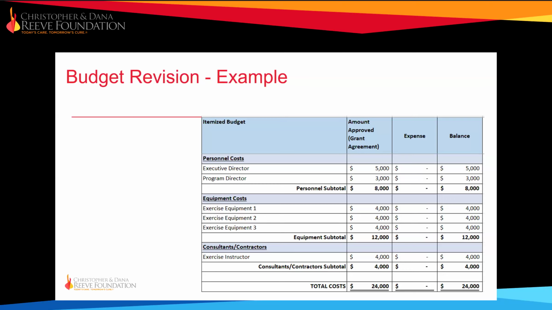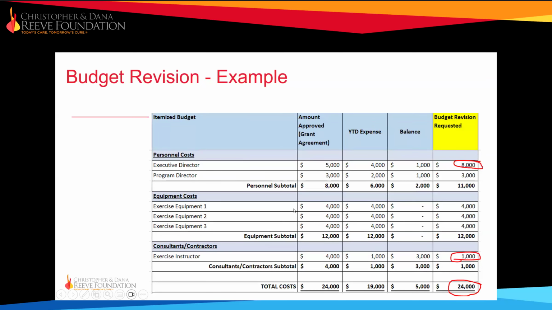So with that narrative, you would provide this file. Here, as you can see, the Budget Revision Requested column has been added. Year-to-date expenses have been included. And here, the $5,000, which was to be increased by $3,000, is now $8,000.